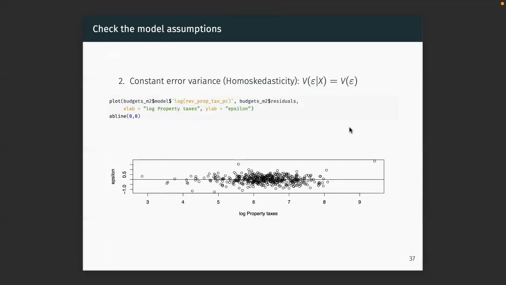We want to see about as many values above 0 as below, and we want to see that there's no clear trend in the values of epsilon based on values of x, right? So the variance of epsilon conditional on x is equal to the variance of epsilon, meaning the spread of epsilon does not depend on x at all. That's what we want to see. And we do.